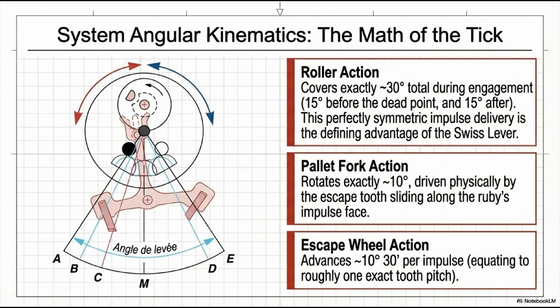Impulse, the roller covers approximately 30 degrees, split symmetrically around the dead point, 15 degrees before, 15 degrees after. The fork swings approximately 10 degrees, driven by the tooth against the pallet stone impulse face. The wheel advances approximately 10 degrees 30 arc minutes, 1 full tooth pitch.